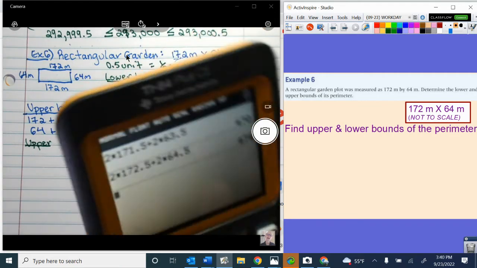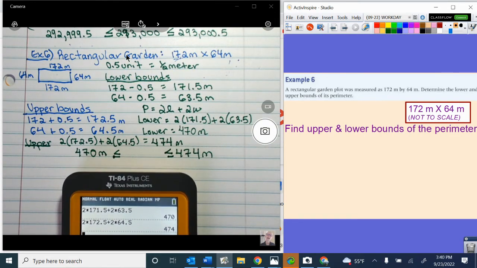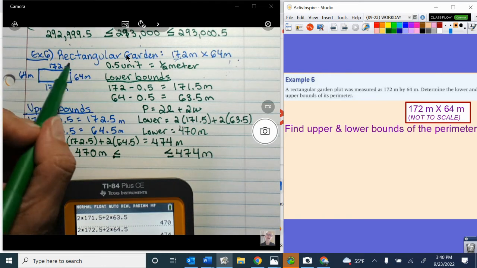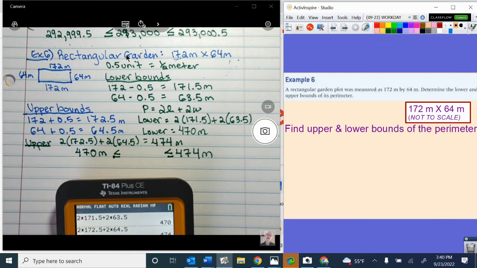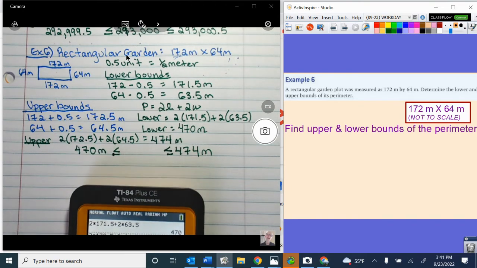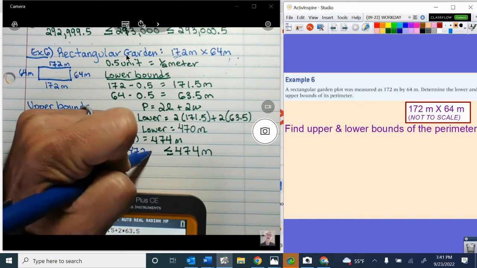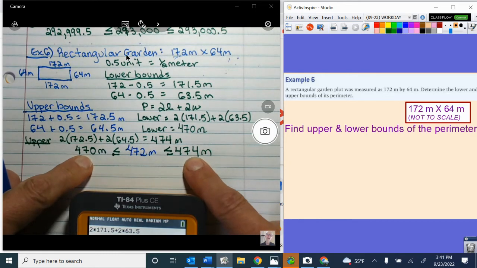So the last thing that we're going to do, and it could have been the first thing we did, was find the actual perimeter using the measures we were given. 2 times 172 plus 2 times 64. And we get 472. And you can see that that is directly in the middle of 470 and 474.